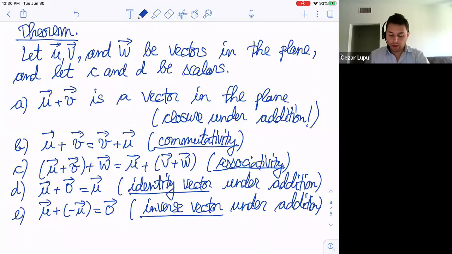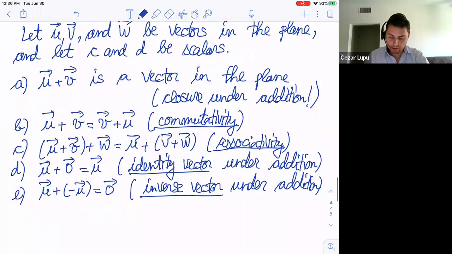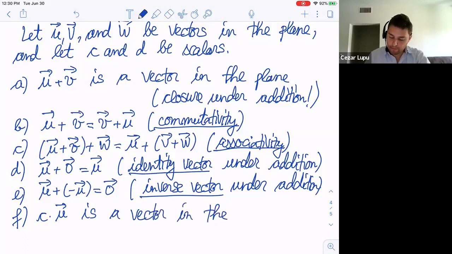Now, since we've exhausted probably all the operations between two vectors with the addition, let's go further. Maybe some scalar multiplication. So if I multiply the scalar c by the vector u, let's say this is a vector in a plane, we have what we call closure under scalar multiplication.